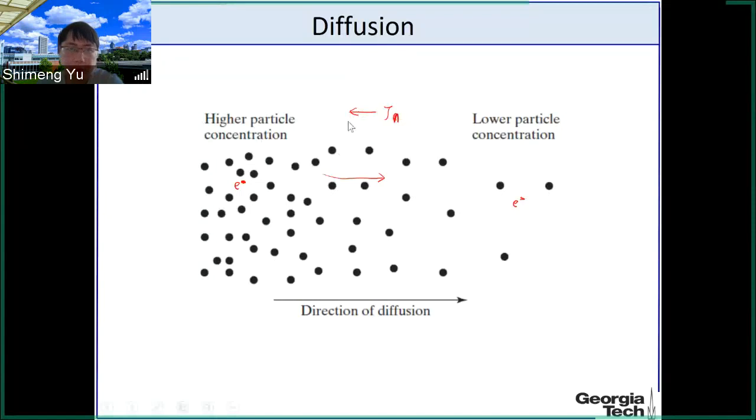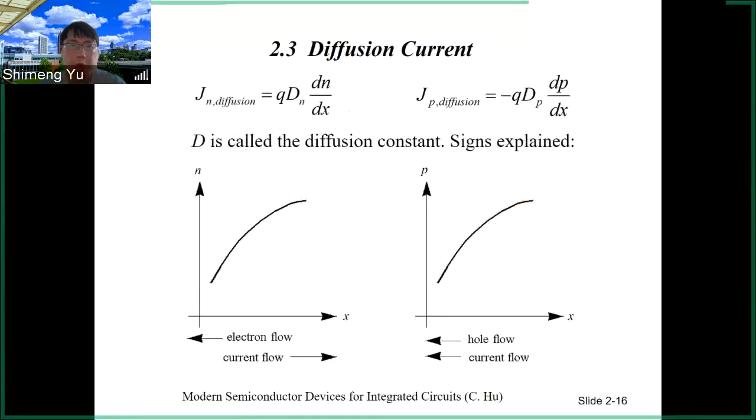So this is the diffusion, and we can actually quantify the diffusion current using the gradient of the concentration. So if you think about the N, the electron density is non-uniform along the x direction in this semiconductor.